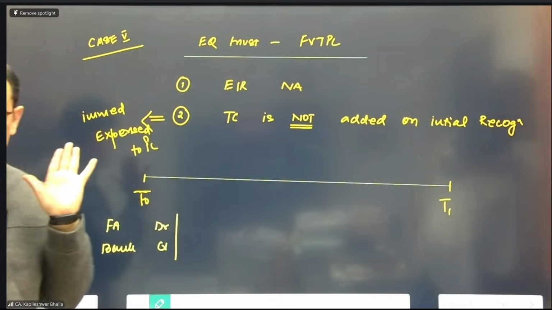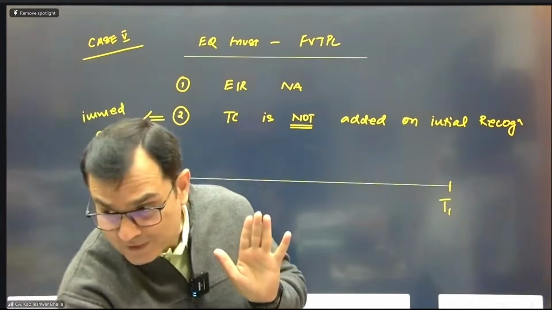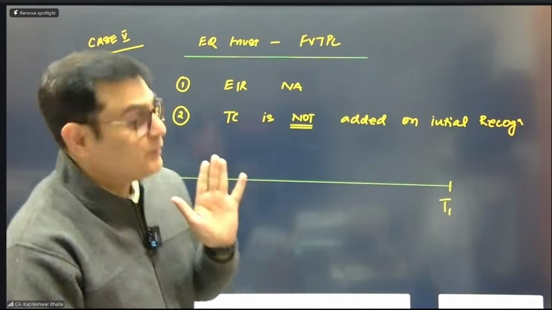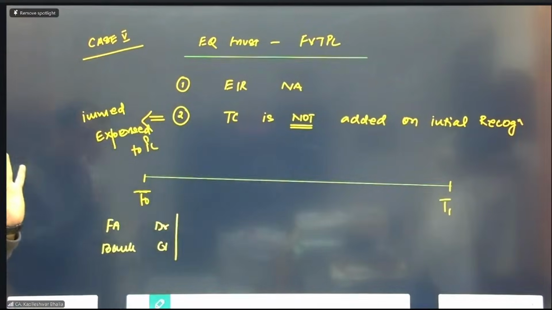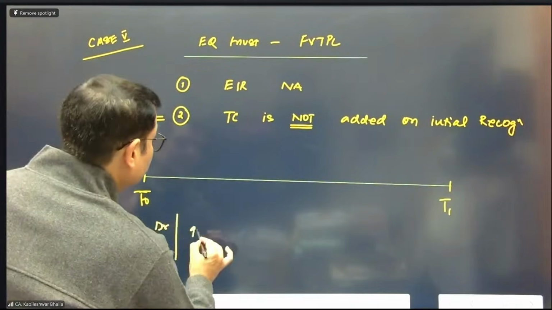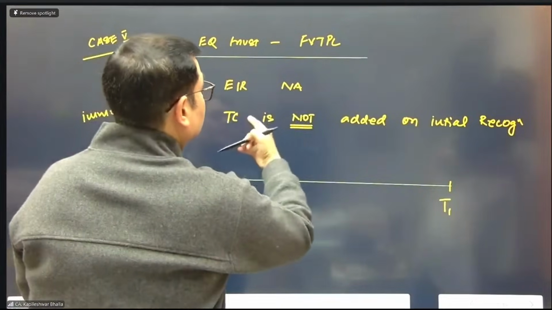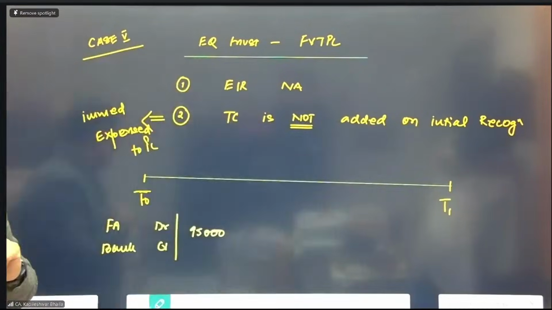No, this is going to be 95 in this case, because the TC is not added on initial recognition.